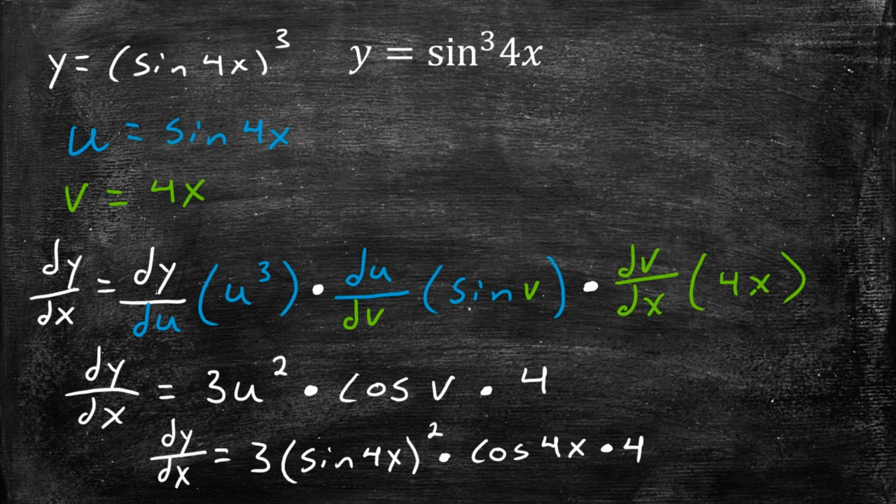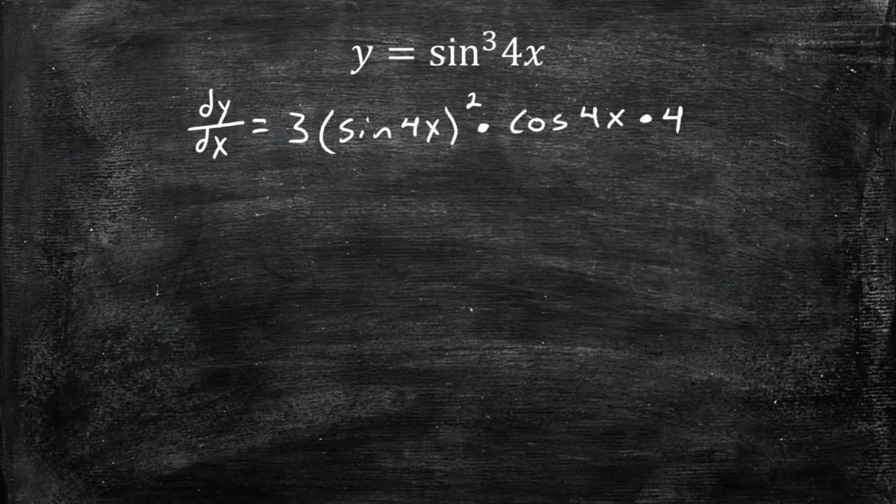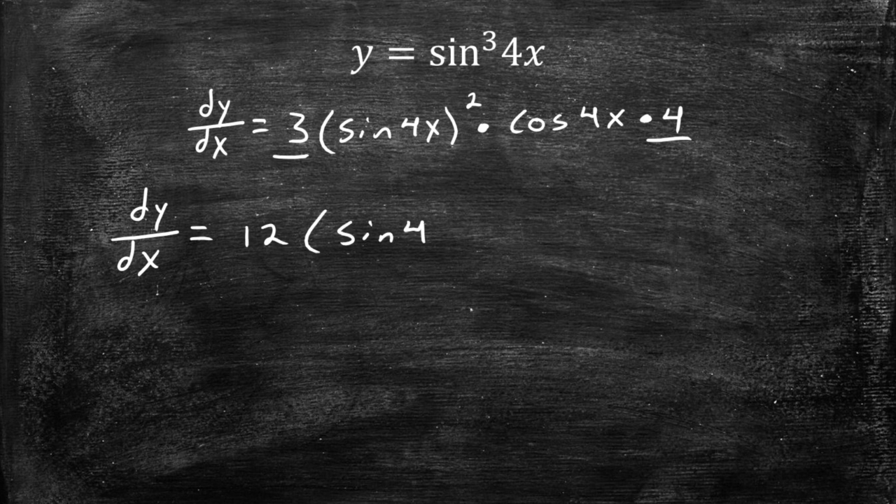Okay, so let's go on to the next page and simplify this a little bit more. So simplifying here, we'll have dy over dx is equal to this 3 can be multiplied with that 4, so we have 12 times sine of 4x squared times cosine of 4x, which is an acceptable final answer.